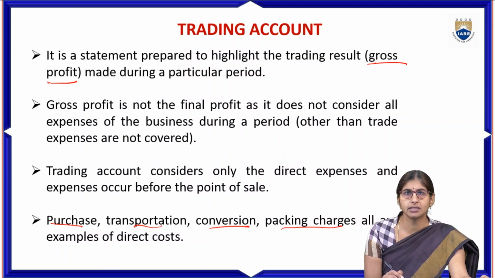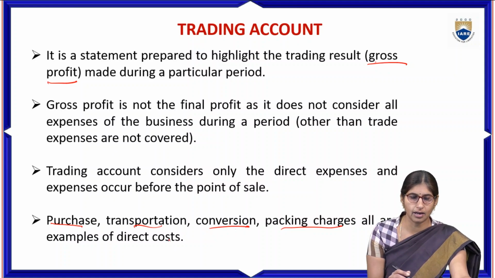Factory expenses are where we record all the purchases, that is raw material, next direct wages, direct labor, direct transportation. So whatever cost is incurred for converting the raw material into finished product, those expenditures, packing charges and transportation charges, all these are going to be covered in this trading account.